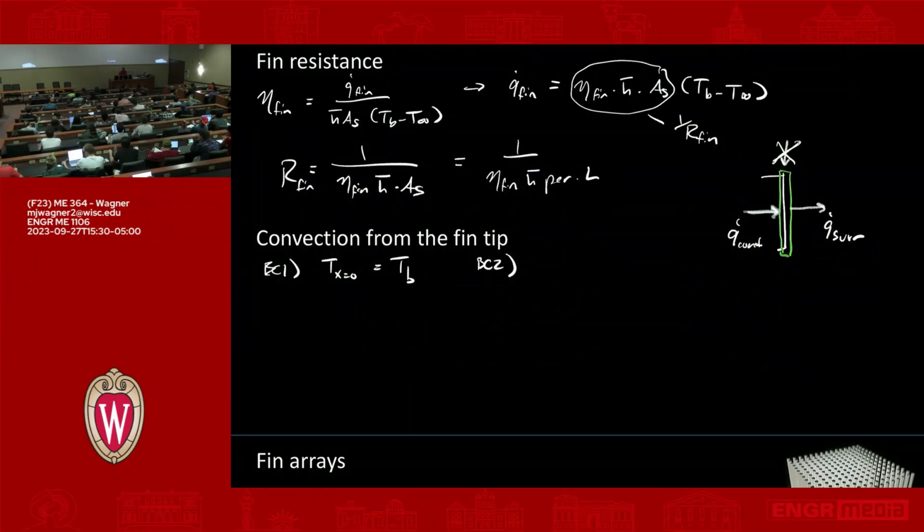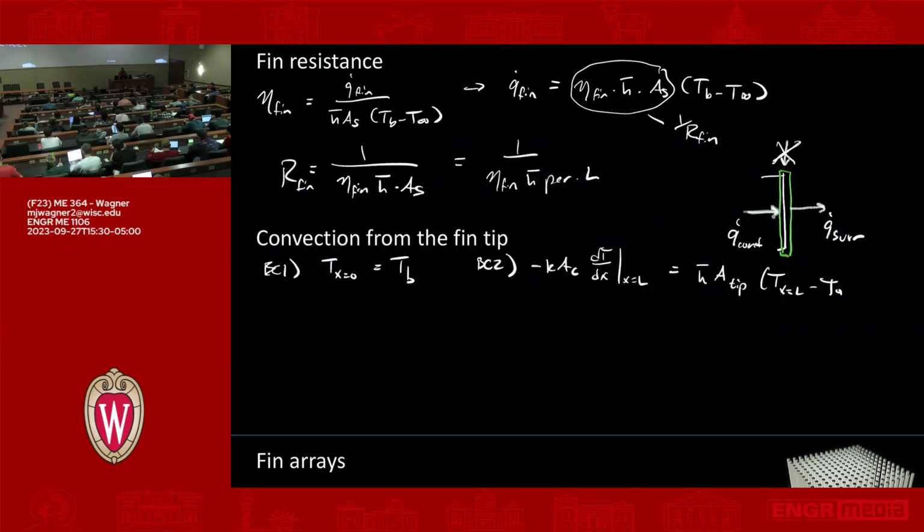It is conduction, minus k A_c dT/dx at x equals L, for example, is equal to Q dot conduction. Q dot surroundings is just convection: h bar A_tip times (T at x equals L minus T_infinity). So you see we've matched the rate of conduction to the rate of convection.